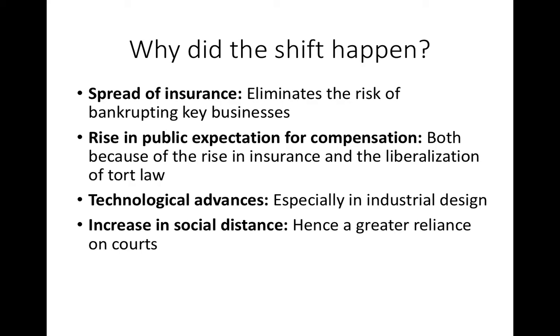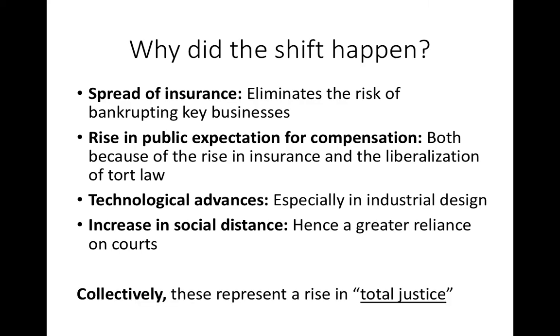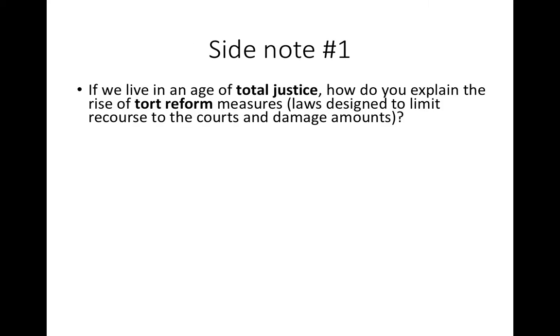And as a result, when disputes arise between workers and employees or between various workers, rather than turning to self-help or a system of mutual accommodation, we rely to a greater extent on the courts. And so collectively, these represent a rise in what we call total justice, which is this overall expectation for compensation and this demand that we receive justice for any wrongs that have happened.